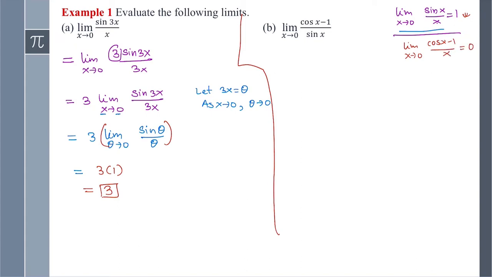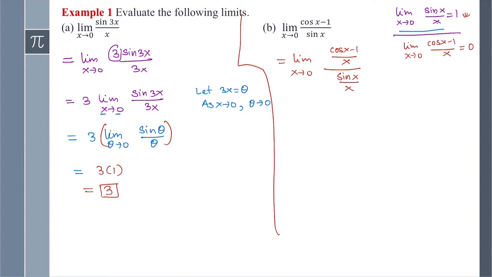Now in order to get this one, if we divide both numerator and denominator by x, or multiply both numerator and denominator by 1 over x, this limit becomes limit as x approaches 0 of cosine x minus 1 over x, divided by sine x over x. So this is multiplying numerator by 1 over x and denominator by 1 over x.